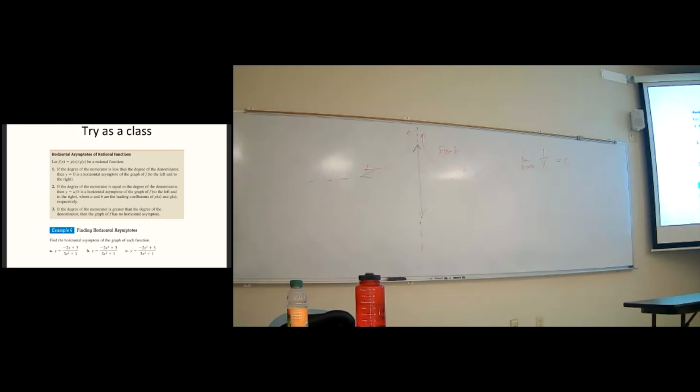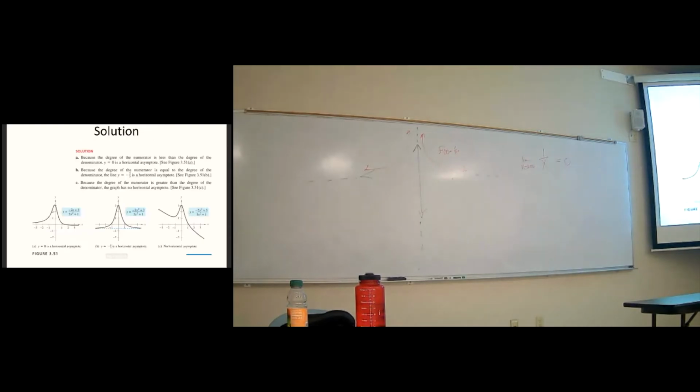Does this make sense to everyone? The intuitive idea of what's happening. So check it out. We've got, in our first example, the 3x squared and the 2x. We have our horizontal asymptote. One is at 0.